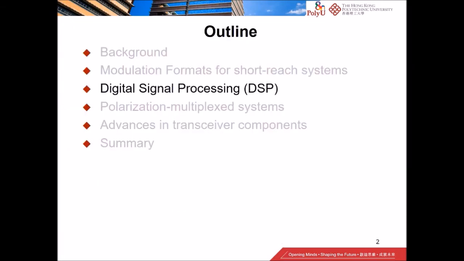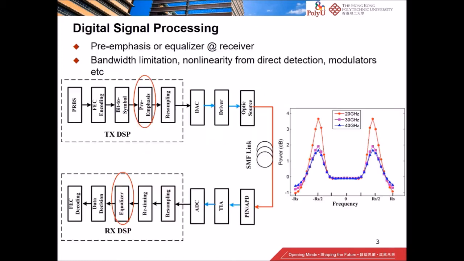The next thing that we'll talk about is the DSP aspects of short reach systems. Most of the DSP in short reach systems is implemented in the transmitter, either as pre-emphasis, or as some sort of equalization at the receiver.